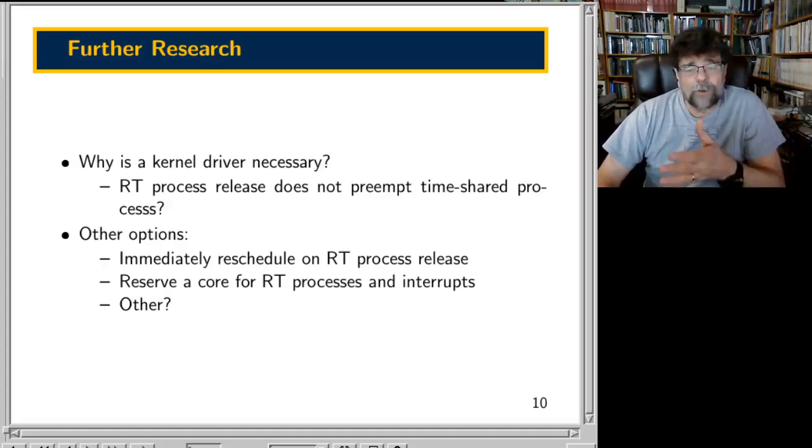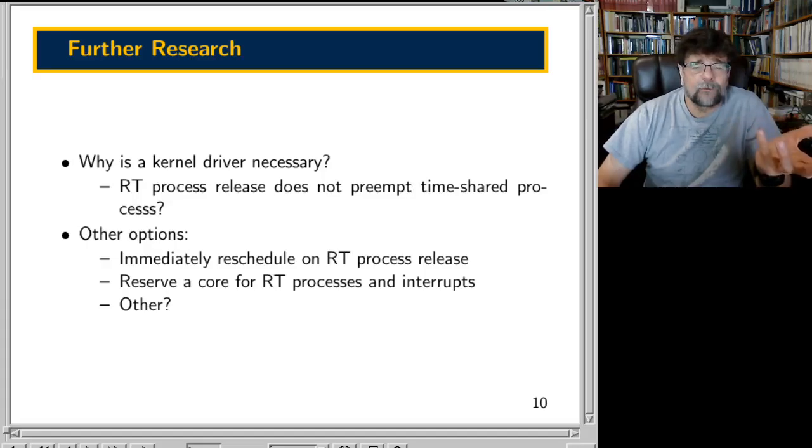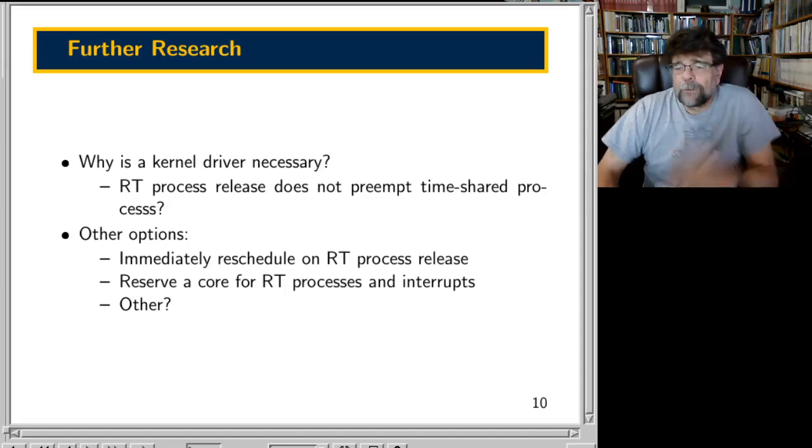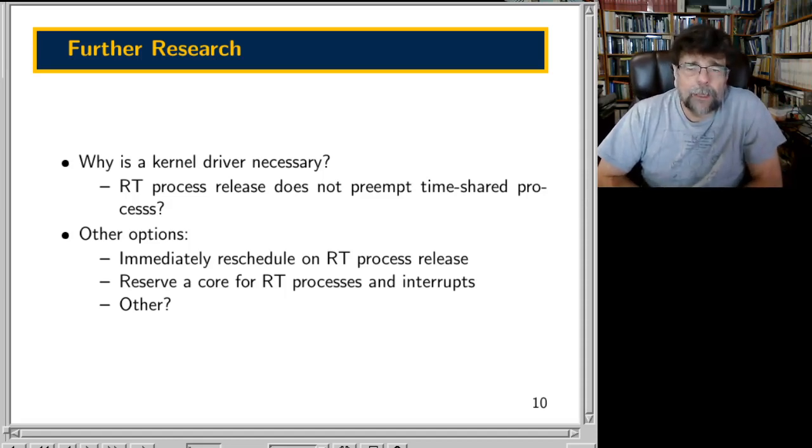Let the other cores, in this particular Pi that I'm running, that's 3 other cores, be used for all the time sharing processes, and then have the one core reserved for the real-time activities. Don't know yet how well that would work, and I don't know how much surgery is going to be required on the kernel to do it, but I think it's going to be an interesting avenue of study.